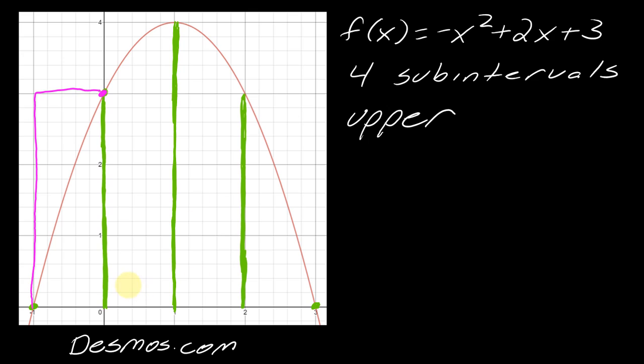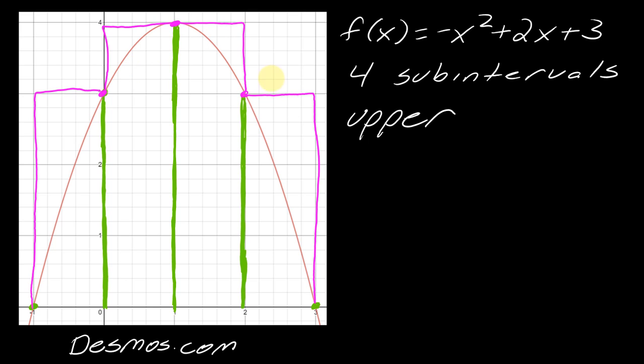Then moving into this interval here, I have the choice of this endpoint or this endpoint to dictate my rectangle size. Again, if you're doing upper sum, then you're going to take this one. And as we continue on, moving on to this interval, I'll choose once again this endpoint. And then for this last one, again, I'll choose this. So this would be how you dictate your heights.